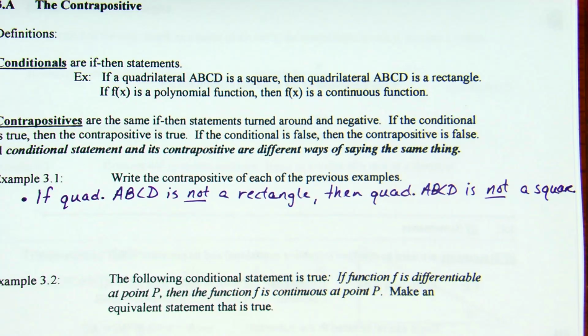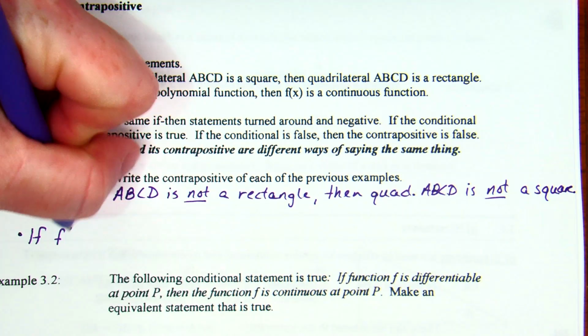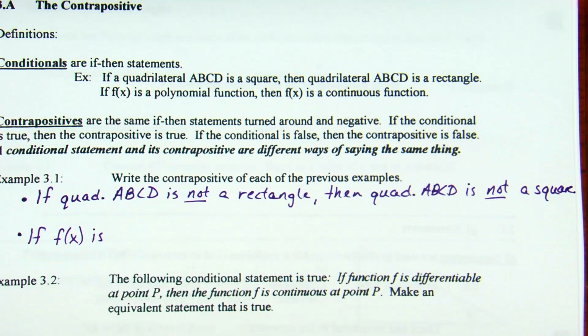Okay, let's practice with the other one. If f of x is a polynomial function, then f of x is a continuous function. So, if f of x is what? Is not a what? Okay, so we're making it negative, and we're switching it.